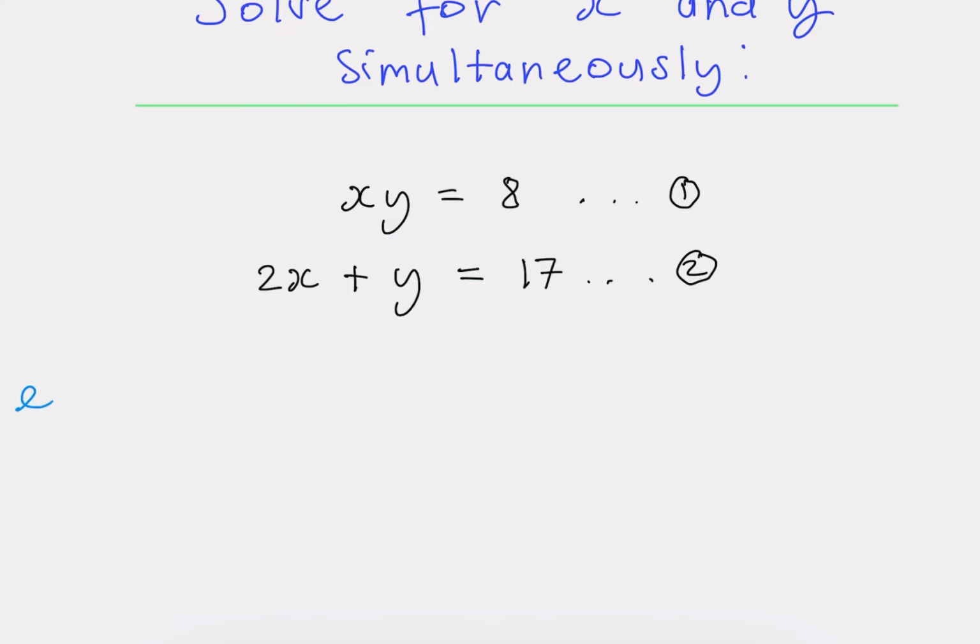Now let's start by going to equation 1. If you look at equation 1 here, you've got xy is equal to 8. So what we can do is divide both sides of equation 1 by y to solve for x.